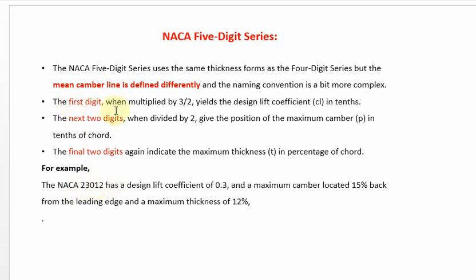The first digit, when multiplied by 3 by 2, I am taking the example of 2, yields the design lift coefficient value, in tenths. So we can directly find the lift coefficient value for the particular 5-digit series. Similarly, the next 2 digits, nothing but your 30, when divided by 2, give the position of your maximum camber in tenths of the chord. So the first digit gives the lift coefficient value, the next 2 digits divided by 2 give the position of your maximum camber, and the final 2 digits indicate the maximum thickness in percentage of the chord.